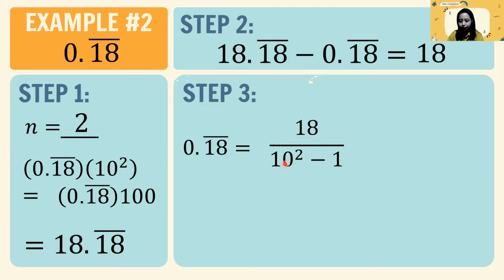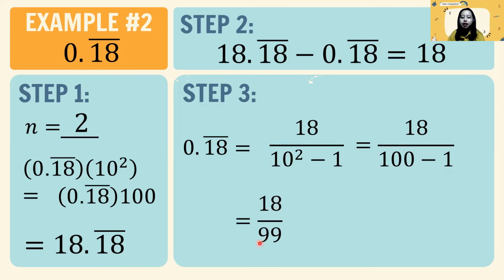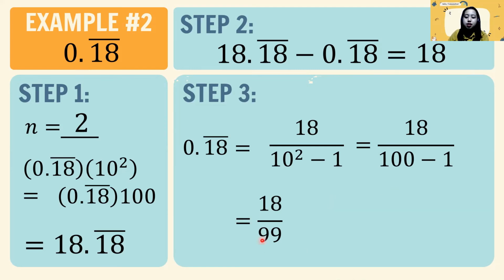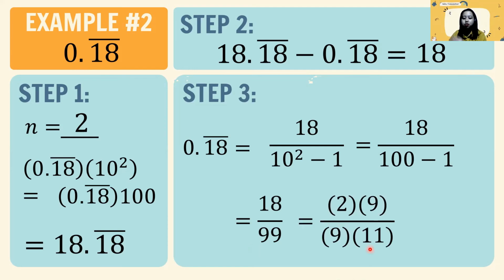So simplifying 10 raised to 2, we have 100. And 100 minus 1 will be 99. The common factor of 18 and 99 is 9. So we can rewrite this fraction into its factors: 2 times 9 is 18, 9 times 11 is 99.